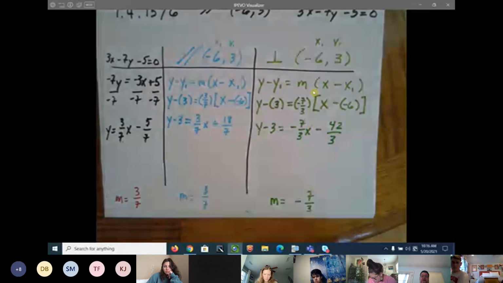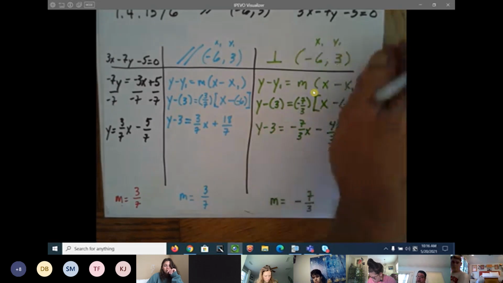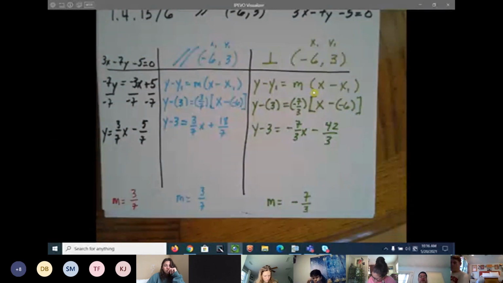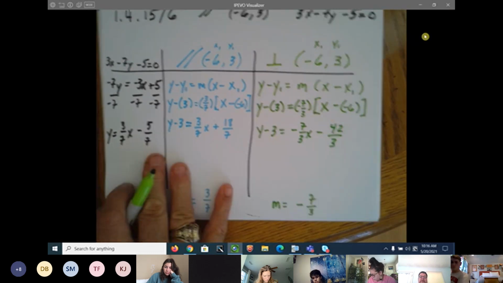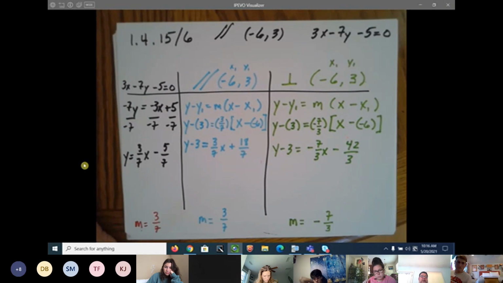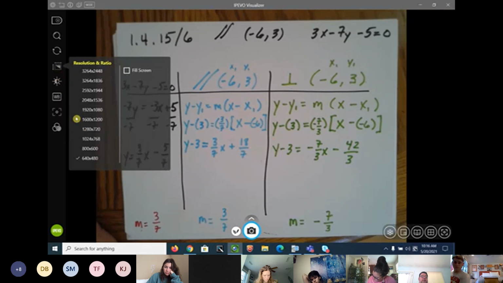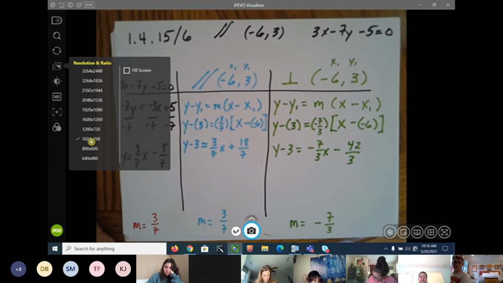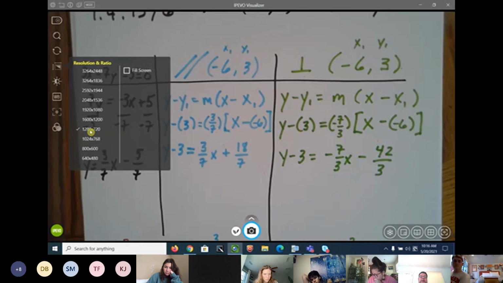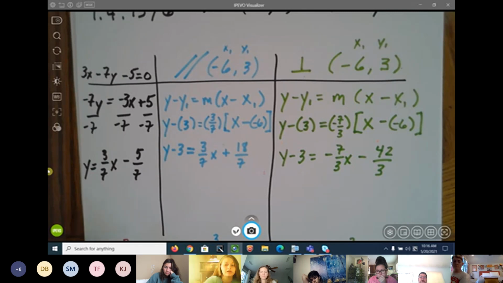And I know that's reducible. I'll reduce it in just a second. I'm just making sure everybody understands what I'm doing. Let's see if I can get this resolution a little bit higher. It's a little bit better. That's better for this problem.